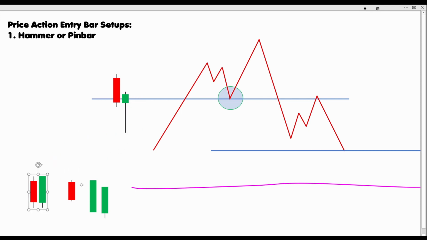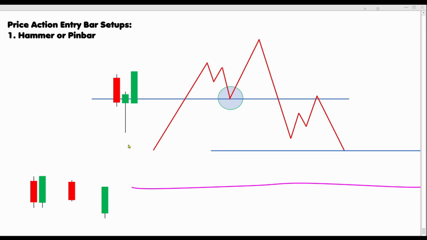So after having this, it usually goes this way. So I'm going to place my stop loss here, 1, 2, or 3 ticks below this point here.